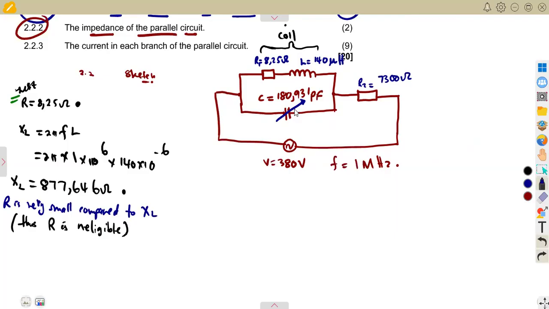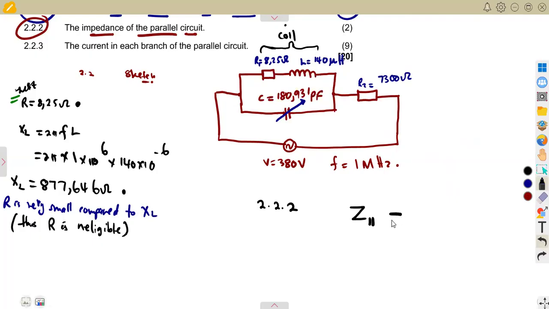But in a sense, guys, that you're answering these questions at resonance, I want you to be careful. You can use this formula in short, which states that for the parallel combination, because it's at resonance, the impedance that you calculate is your dynamic resistance, the dynamic impedance.